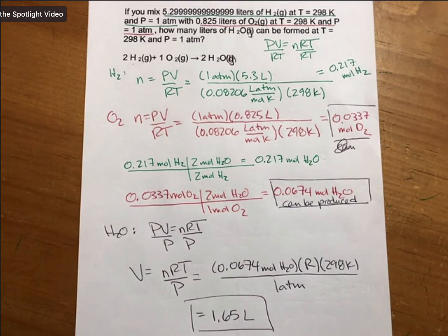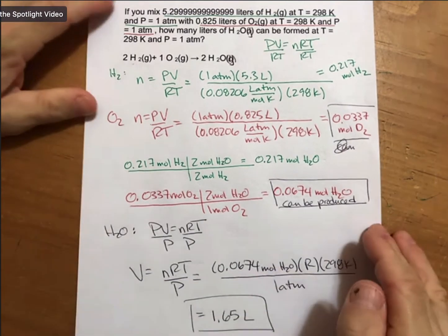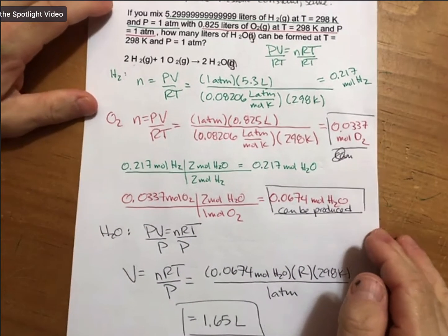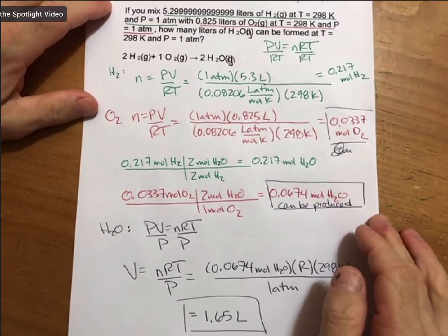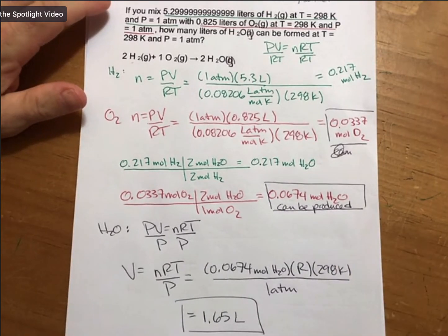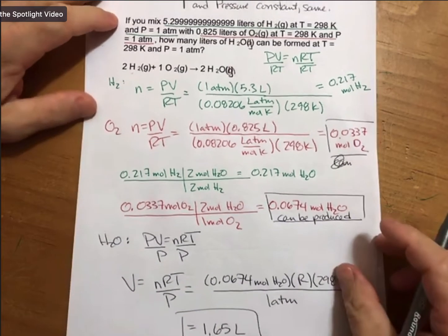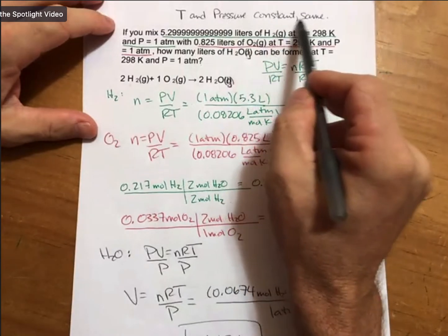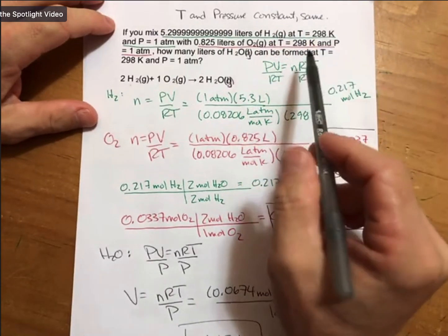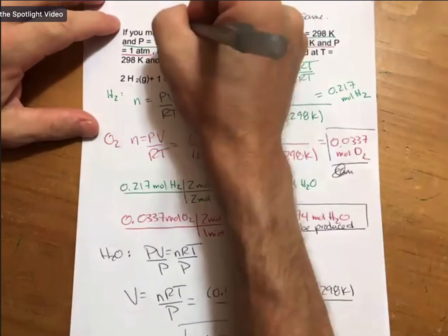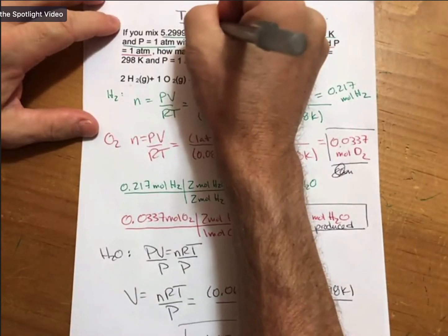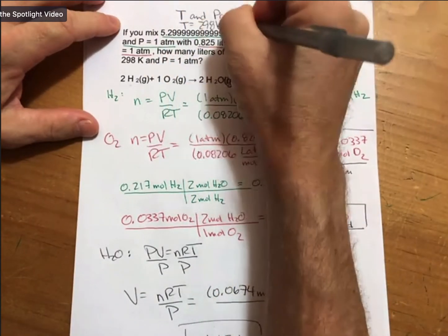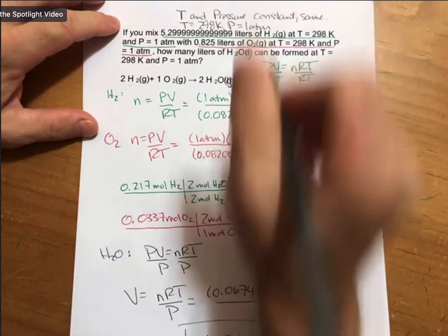Now, let's come back to this idea. Well, first off, let me ask, are there any questions about what we've got here? Okay, so then let's come back to this idea that temperature and pressure for this problem are constant, or the same. So the temperature is always 298 Kelvin, and the pressure is always 1 atmosphere.